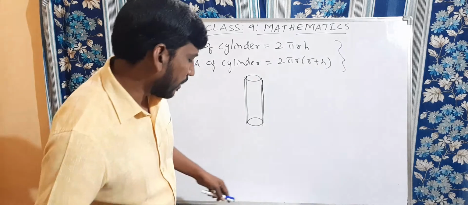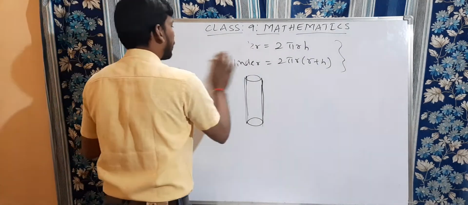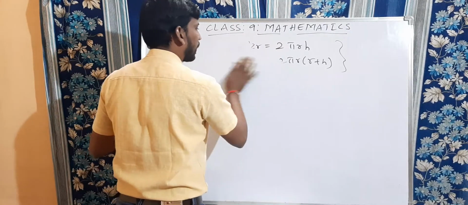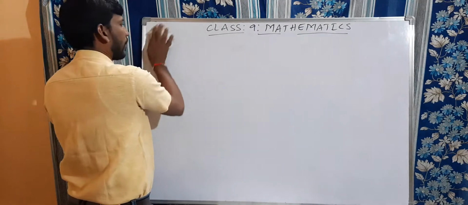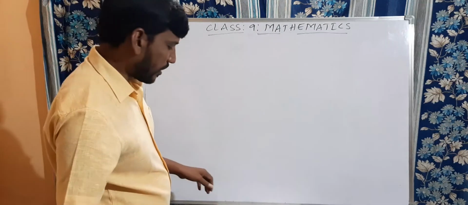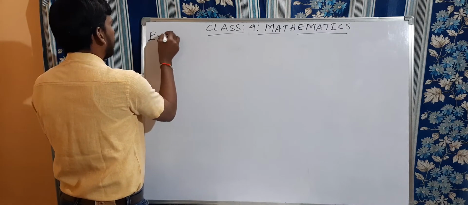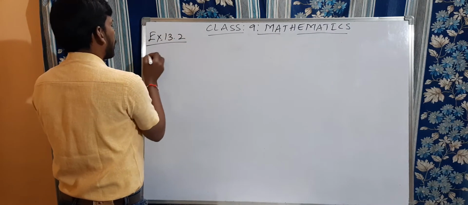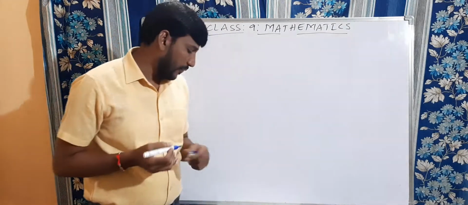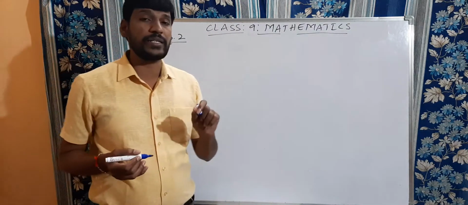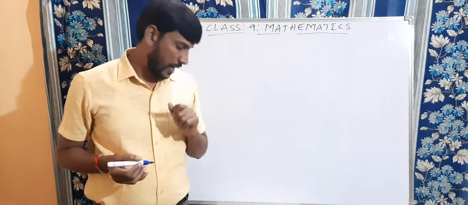Based on this, we are going to discuss some problems from exercise 13.2. See the first question, everyone. Question number 1. The curved surface area of a right circular cylinder of height 14 centimeter is 88 centimeter square.